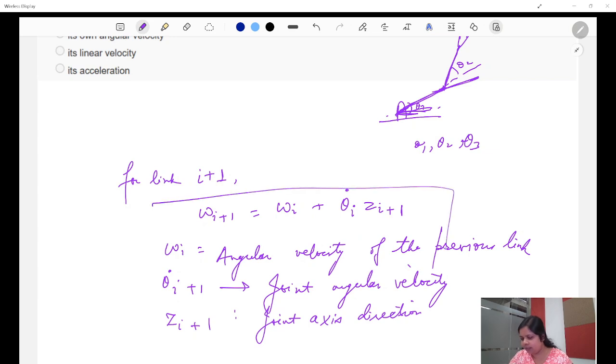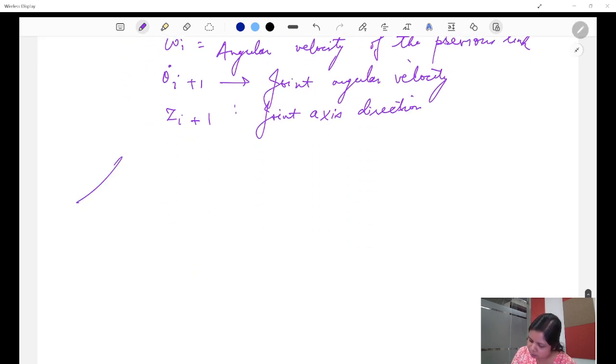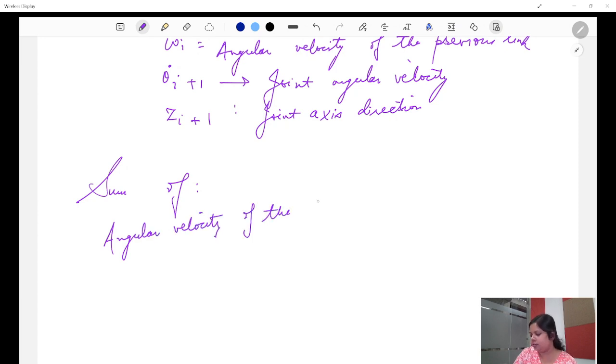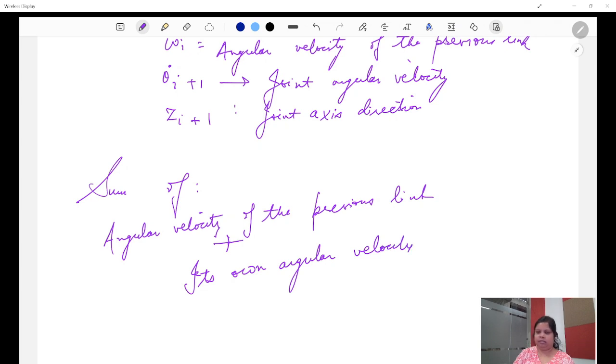So actually what happens is it is basically going to be the sum of the angular velocity of the previous link and its own angular velocity, right?